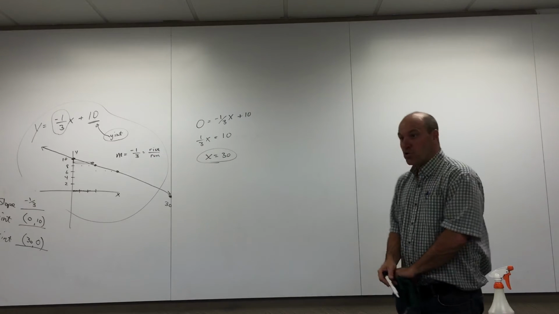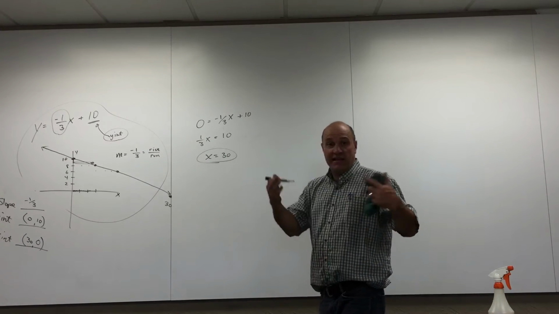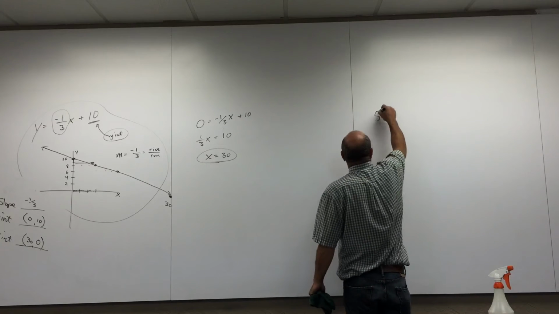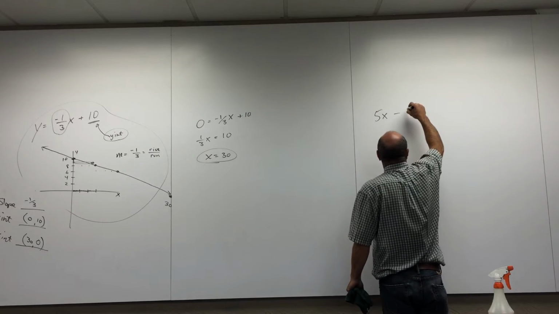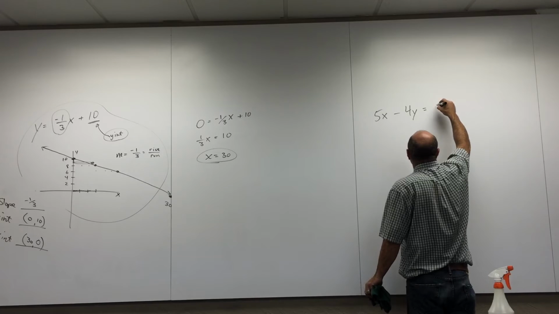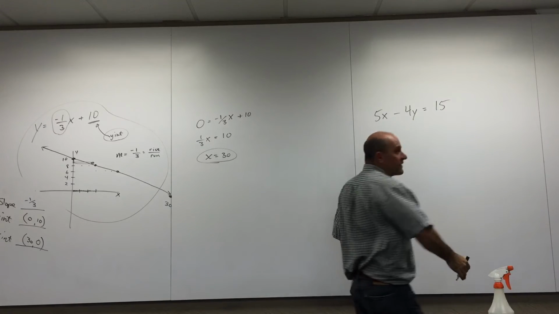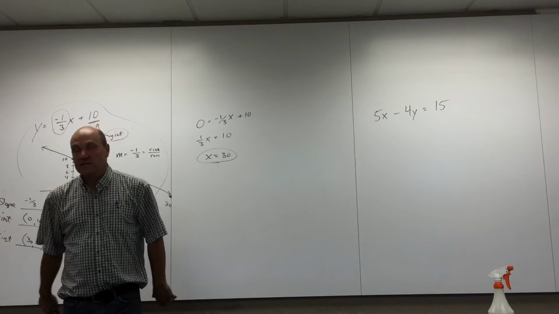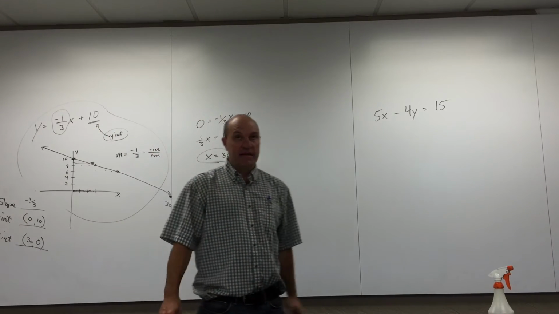On my test or quiz, I love to present a line to you like this. Check this out. That's a line. How do you know it's a line? Maybe I haven't done a great job of telling you what's a line.